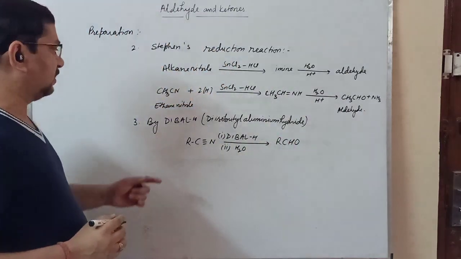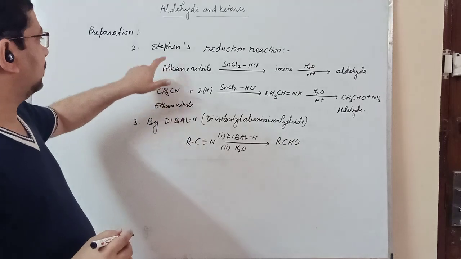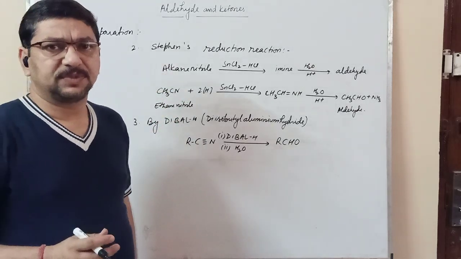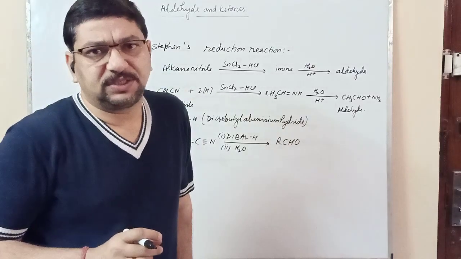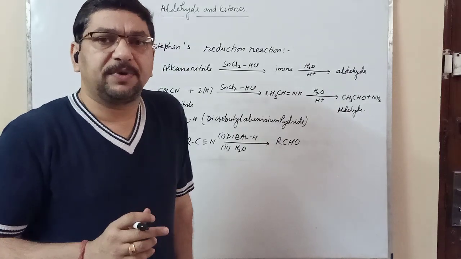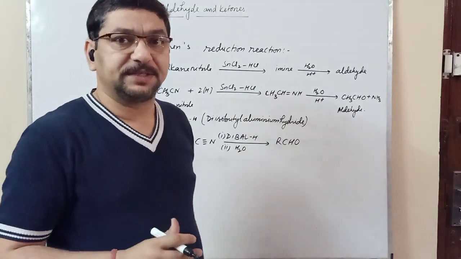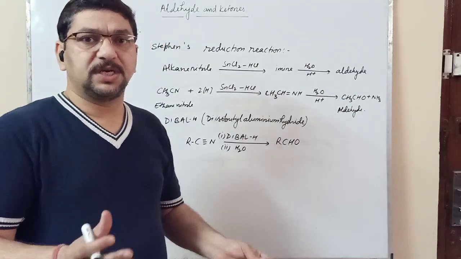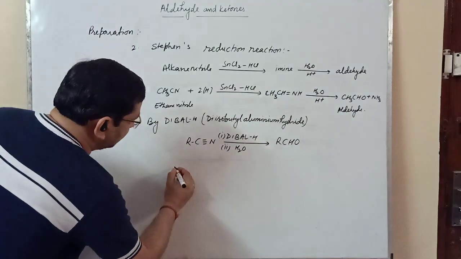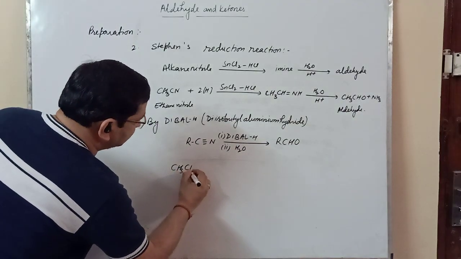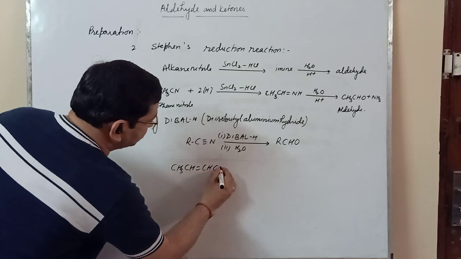But what is the significance of DIBAL-H over Stephen's reduction reaction? In case of DIBAL-H, the unsaturated behavior of the compound is retained. The compound does not lose its unsaturated behavior, like CH3CH=CH-CN.